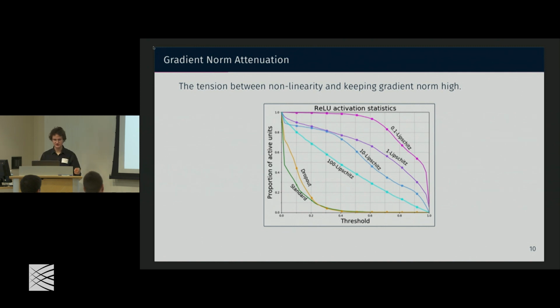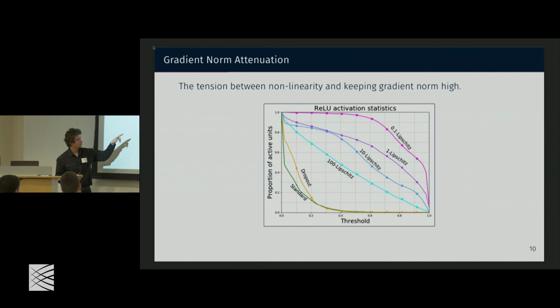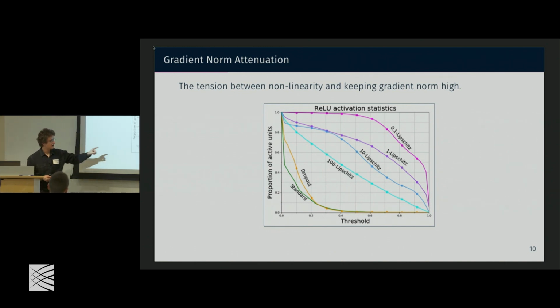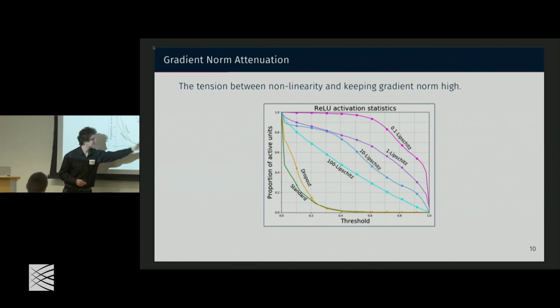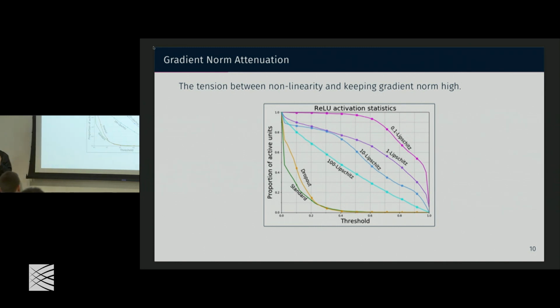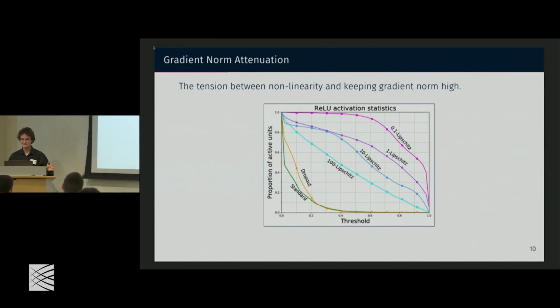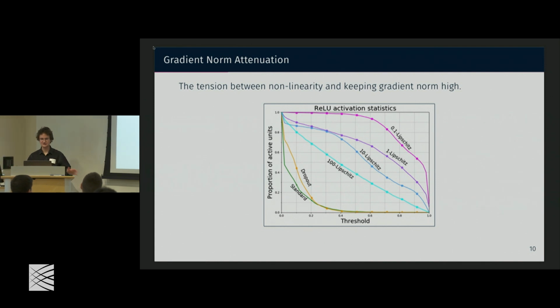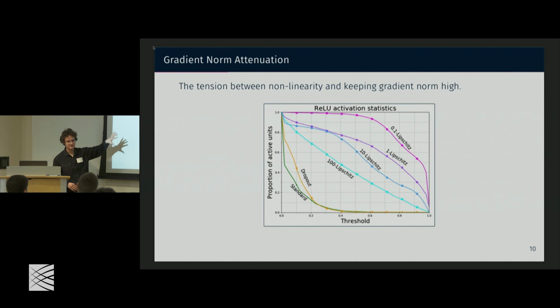If it's keeping a lot of ReLU units off, then it's losing a lot of norm. And we see that if we train a 0.1-Lipschitz neural network, on the very right slice of the graph, you see that around 8%, I think, of ReLU units are always active. So they're not even contributing to the nonlinear processing at all. And we see that as we increase the Lipschitz constant, the tendency of keeping the ReLU units active gets closer and closer to the standard networks with no constraints on them. So this happens in practice as well.